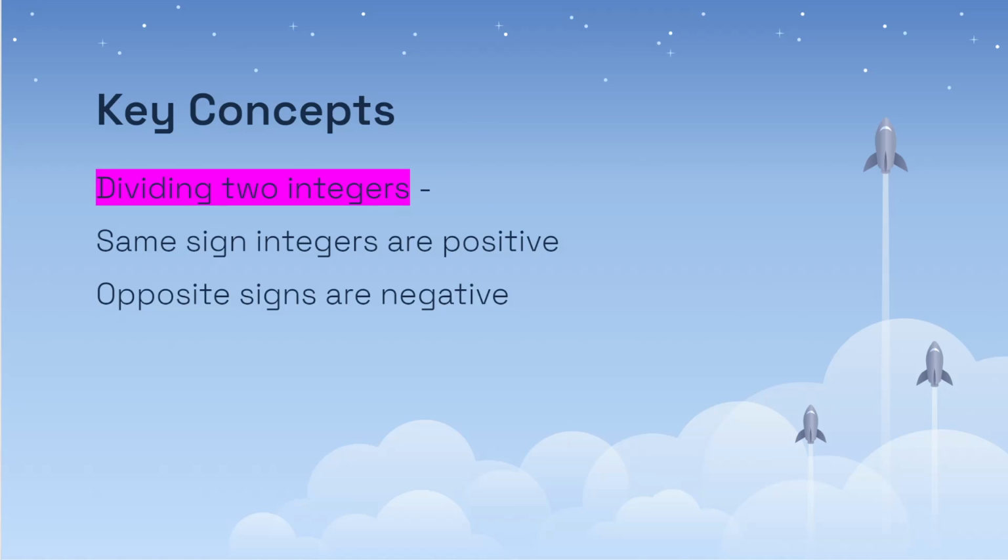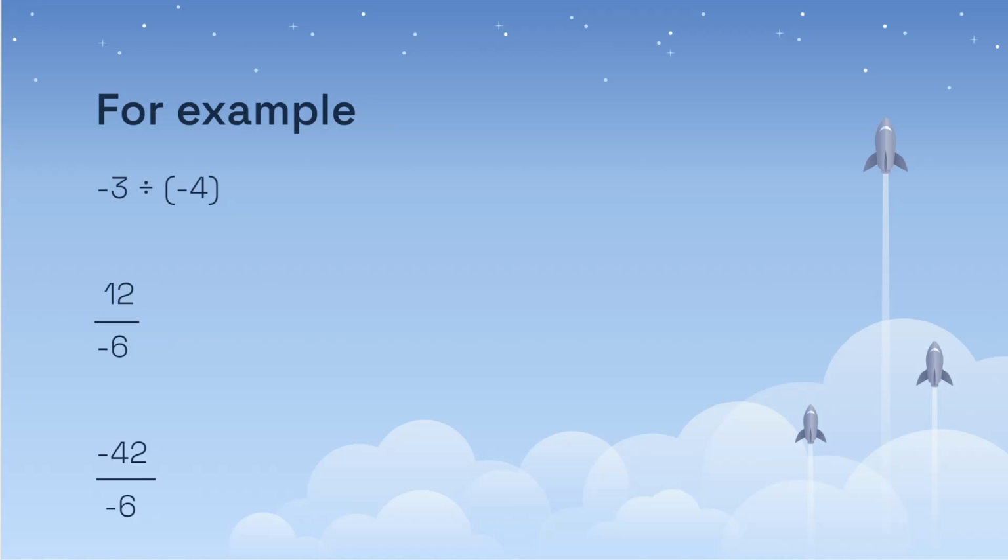Dividing 2 integers is the same as multiplying integers. If they have the same sign, then they are positive. If they have opposite signs, then they are negative. For example, -3 divided by -4, they have the same sign, so the answer is going to be positive. Positive 3/4. That's crazy, huh?